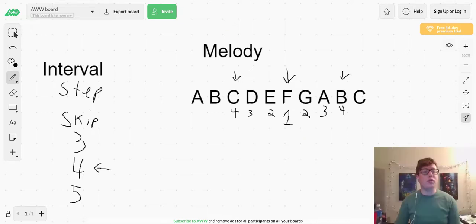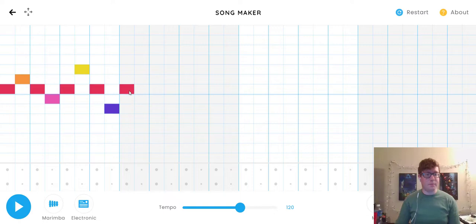Let's jump over to our Chrome Music Lab once again. Let's start adding an interval of a fifth. So we're starting on red. Red is our number 1. Orange is 2. Yellow is 3. Green is number 4. And that bluish green color is going to be number 5.